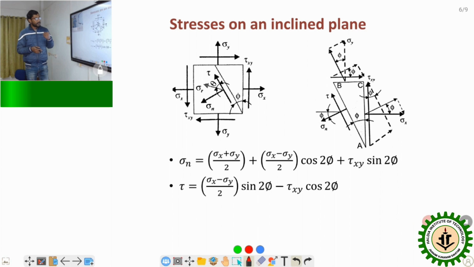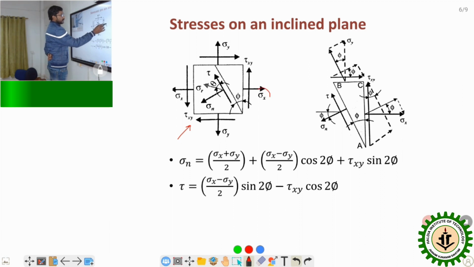Before going into the detailed mathematical derivation of the principal stress and planes, we have to understand what the stress is on any inclined plane. For this purpose, we have considered this element, which is under the action of a complex stress system: sigma x, and sigma y along the y direction.